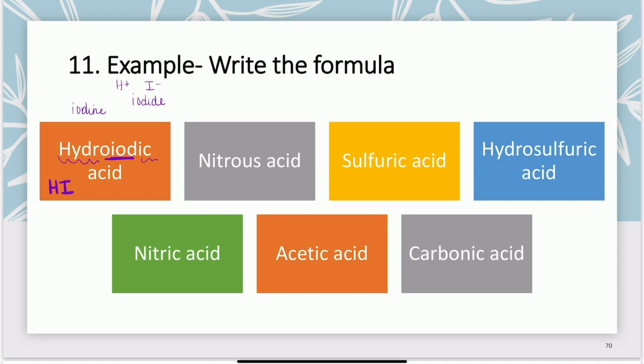Nitrous acid, OUS. We add OUS if we started with ite. That means I started with nitrite. Nitrite is NO2 minus. I had to add enough protons to it to make it neutral, which means I have HNO2.